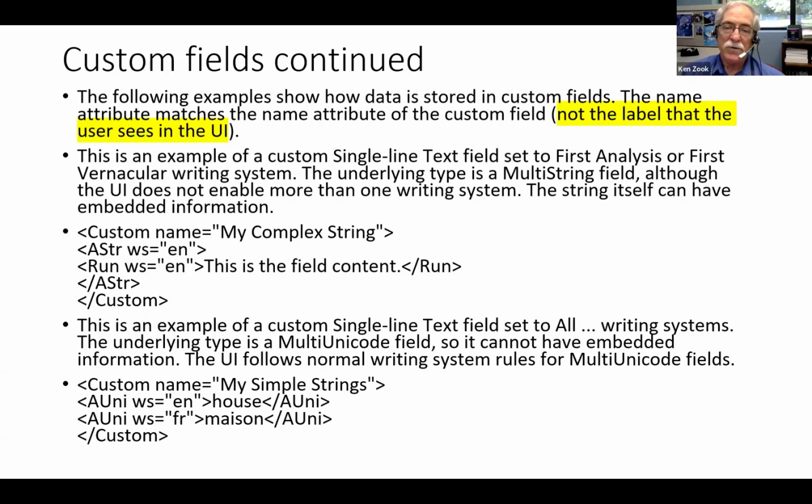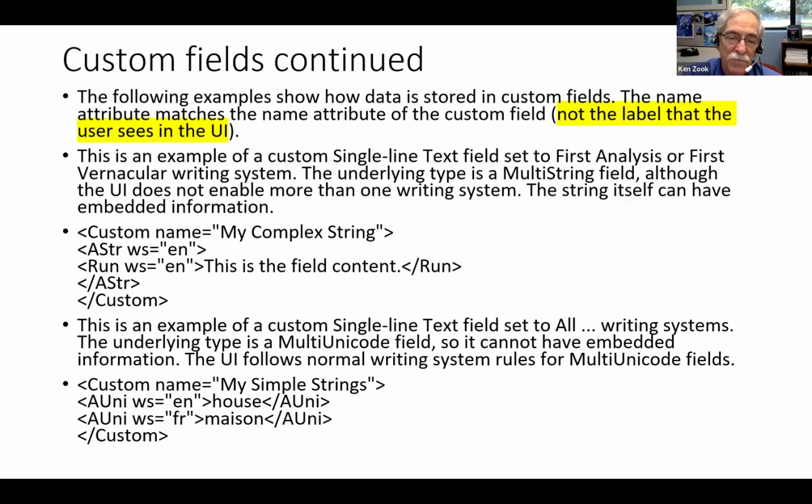The following examples show how data is stored in custom fields. The name attribute matches the name attribute of the custom field, not the label that the user sees in the UI. This is an example of a custom single line text field set to first analysis or first vernacular writing system. The underlying type is a MultiString field, although the UI does not enable more than one writing system. The string itself can have embedded information.